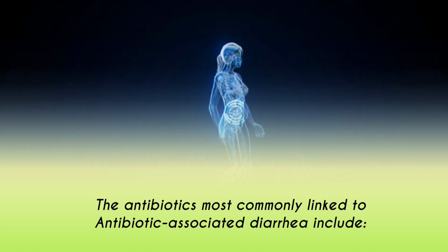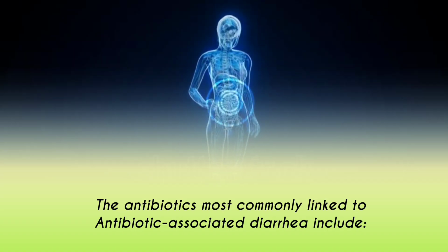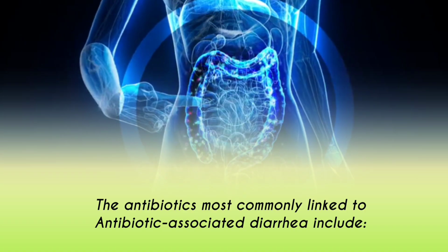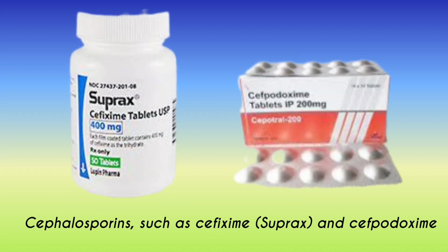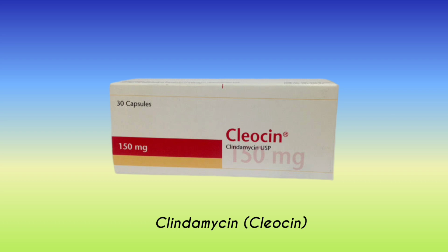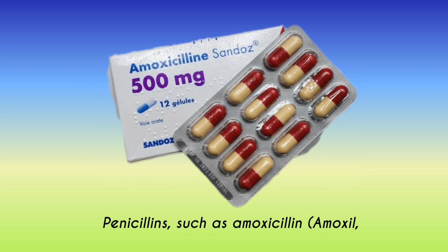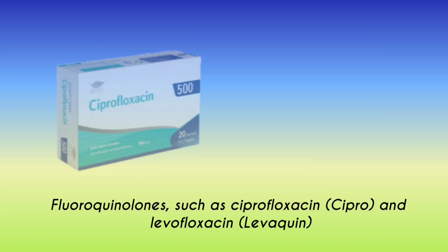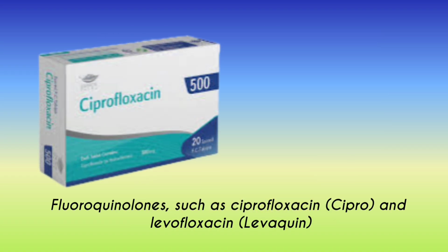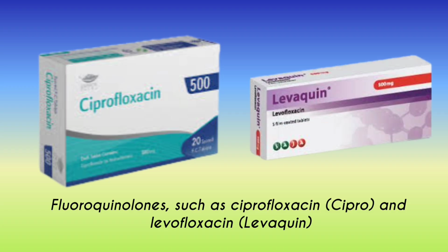The antibiotics most commonly linked to antibiotic-associated diarrhea include cephalosporins such as cefixime, Suprax, and cefpodoxime, clindamycin, Cleocin, penicillins such as amoxicillin, Amoxil, Larotid, others, and ampicillin, and fluoroquinolones such as ciprofloxacin, Cipro, and levofloxacin, Levaquin.